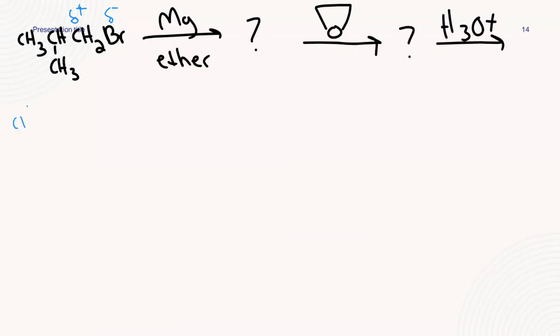So when I react with magnesium, basically all I do is slip that magnesium in between the carbon and bromine.